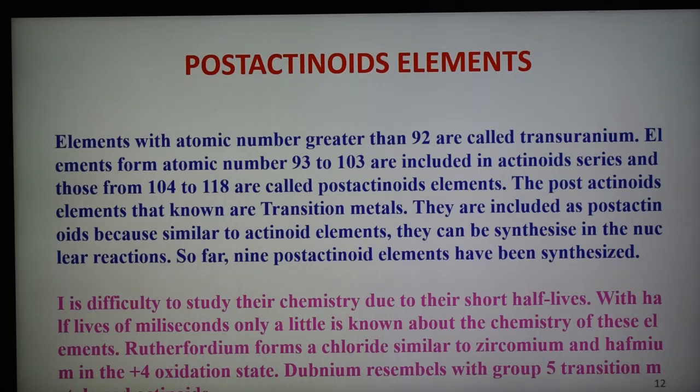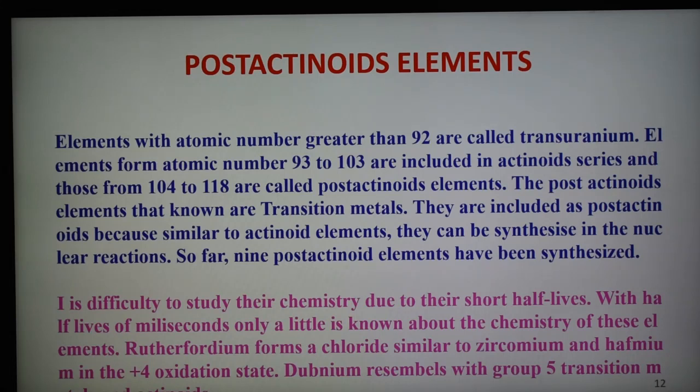For example, the element with atomic number 112 has a half-life of only 2.8 × 10 to the power minus 4 seconds, with half-lives of milliseconds only. Little is known about the chemistry of these elements.